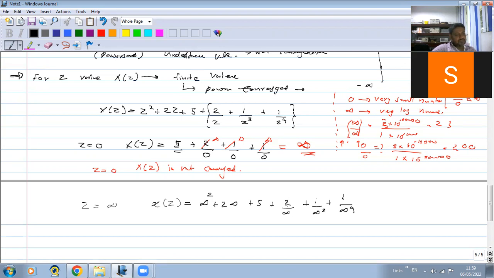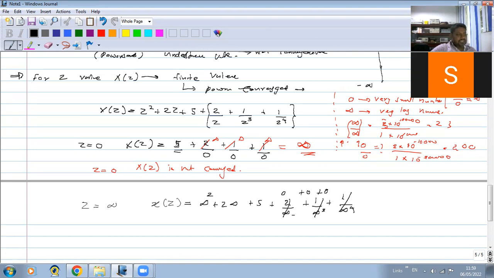A very small number divided by a very large number is definitely very small, so these terms are equal to 0.